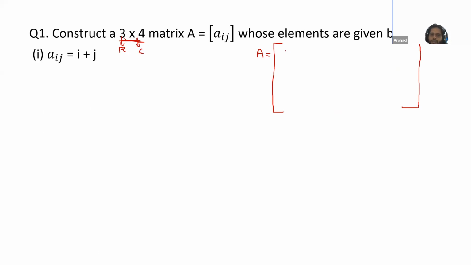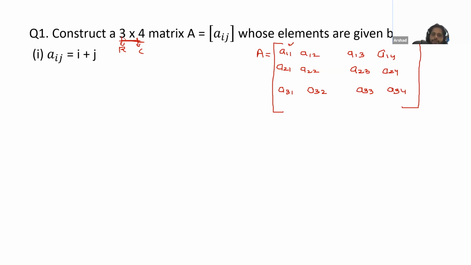So 3 rows means like this: A11, A12, A13, and 4 columns, so that is A14. Next is A21, A22, A23, A24. Next is A31, A32, A33, and A34. So this is a perfect example of this matrix.